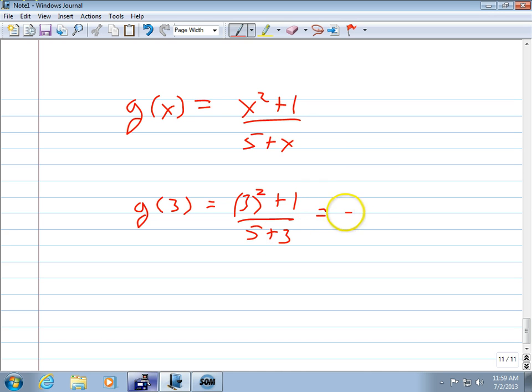Well, what's the numerator? 10. It's 9 plus 1, right? 10 over 8. You can reduce that by 2 to get 5/4. That's an improper fraction. Can you make it a mixed number? 1 and 1/4. Can you make it a decimal? 1.25. You should have the facility with fractions and decimals like that.